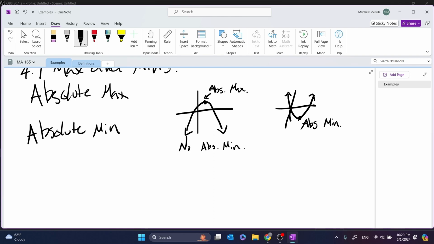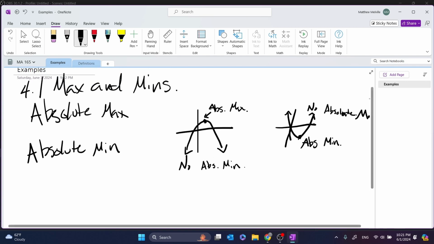And just like over here with minimums, over here the values are going to go on forever upward, and so there's no absolute max.